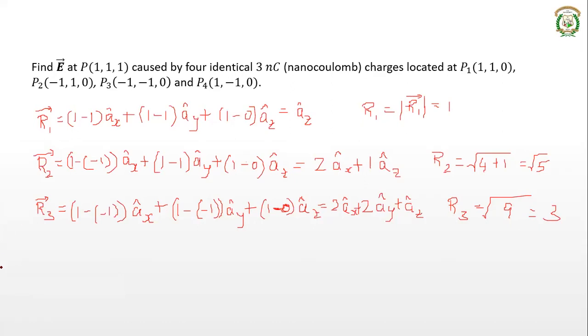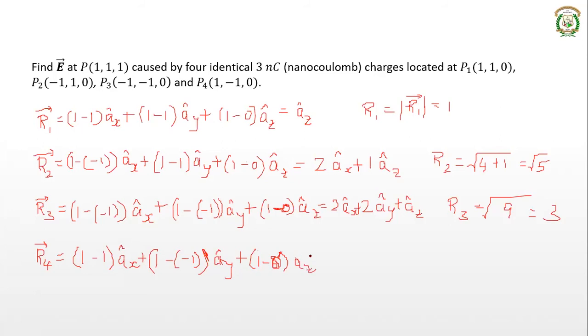Okay. Then what is R4? R4 is the distance from P4 to P. So it will be 1 minus 1 AX, 1 minus minus 1 AY. Then what is the Z component? 1 minus 0 AZ, right?